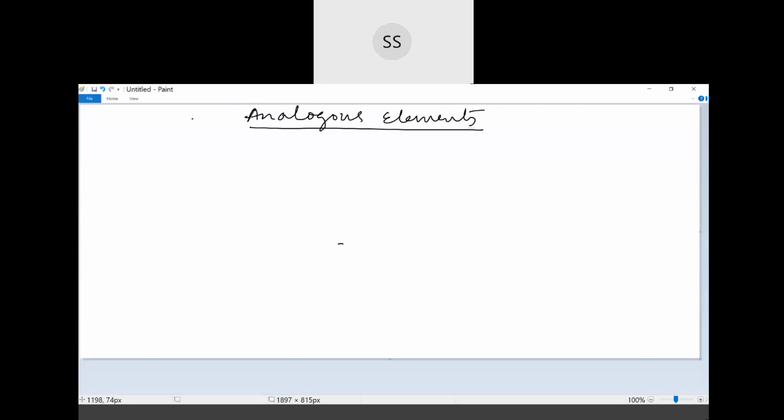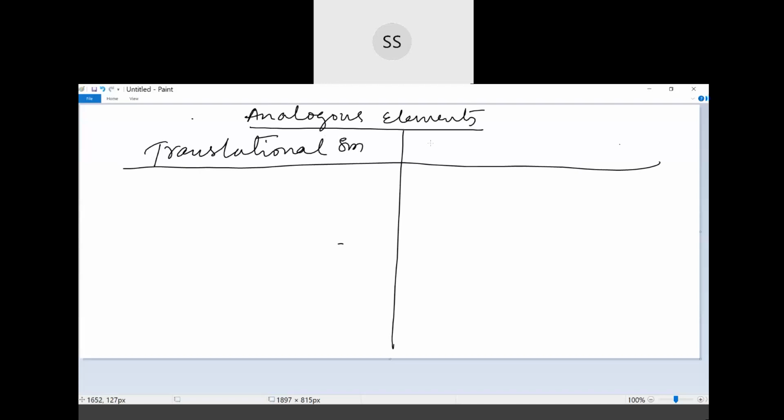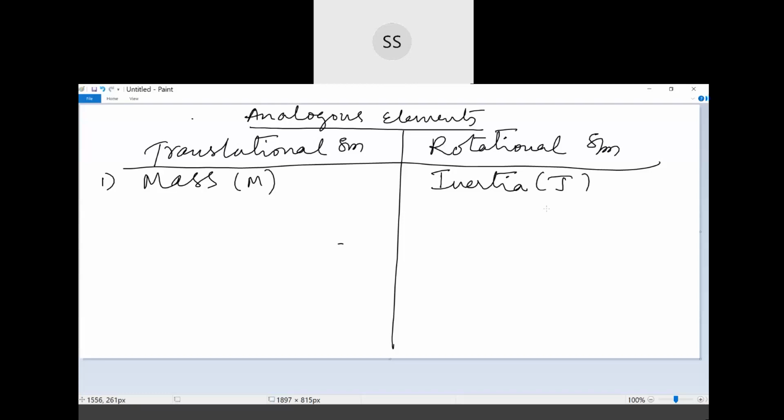On one side I'm going to write mechanical translational systems, and on the other side mechanical rotational systems. In the case of translational systems, we have the mass m, whereas in rotational systems we call it the mass of inertia, that is the J element.